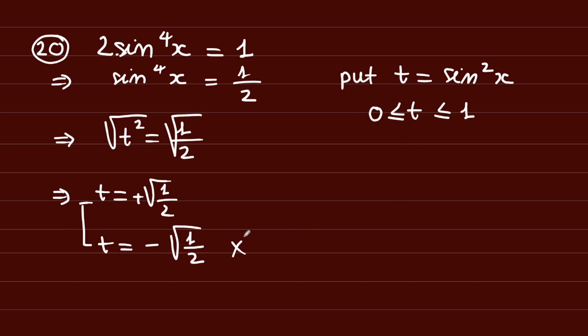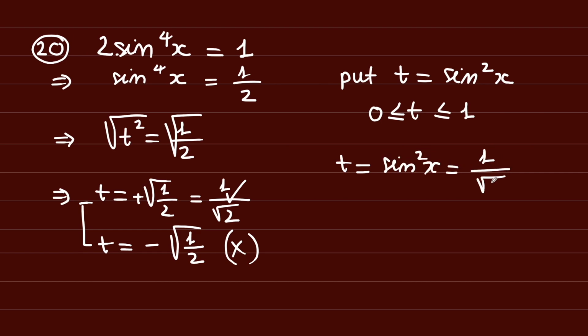So you need to cancel this one and take the acceptable solution t equal to square root of 1 over 2. Simplify this term, we can have 1 over square root of 2 here. And now you got t equal to sine square h equal to 1 over square root 2.